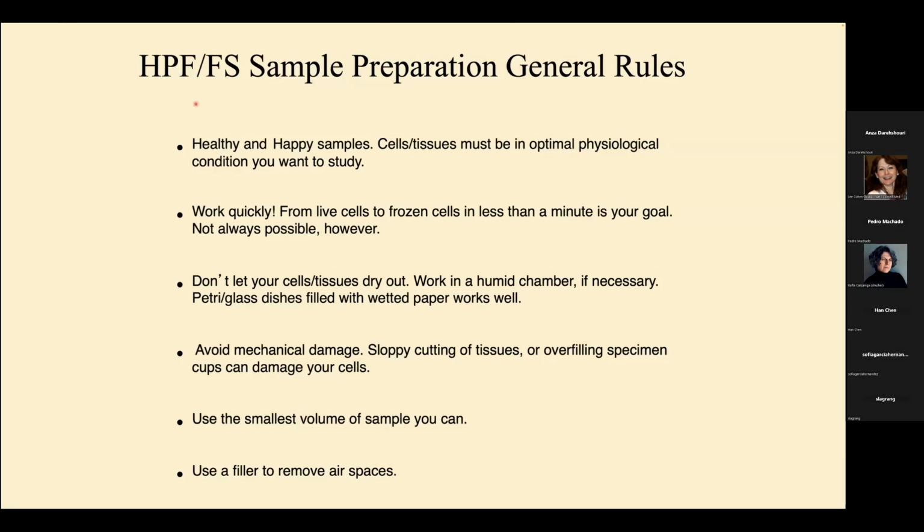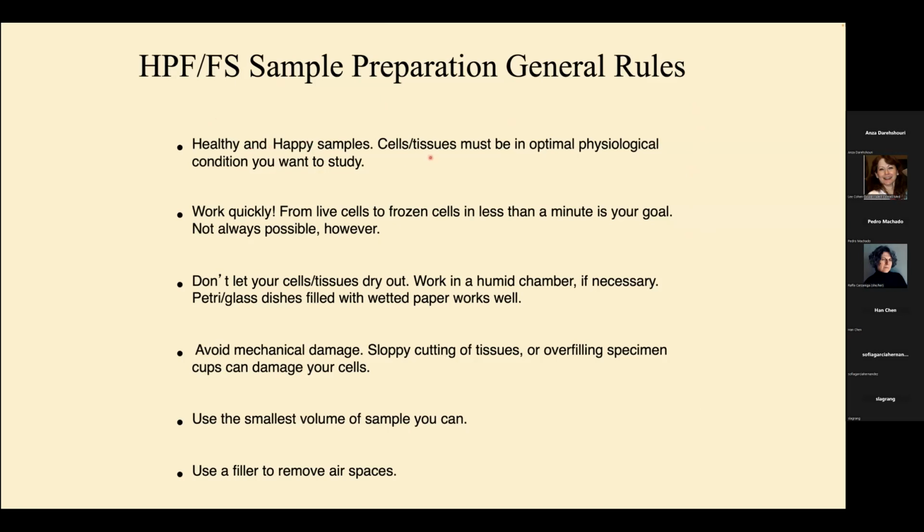I'm really just giving an overview. If you're tackling high pressure freezing or you're stuck, please reach out. I've done quite a bit, and I'm happy to help. But here are some general rules you can follow to make your high pressure freezing run successful. One is to start with healthy samples.